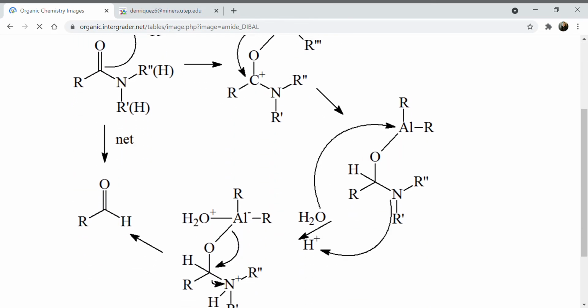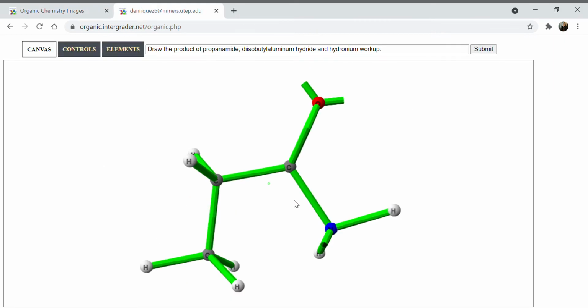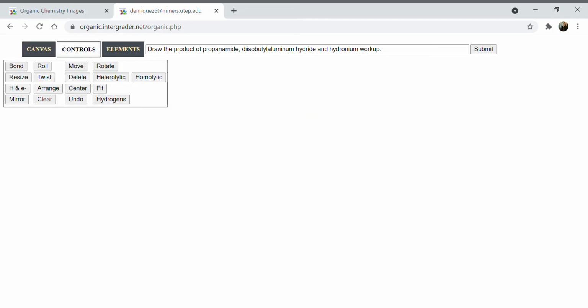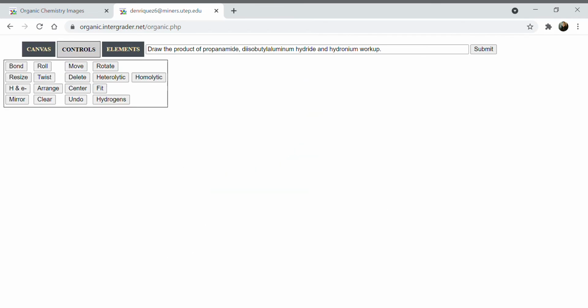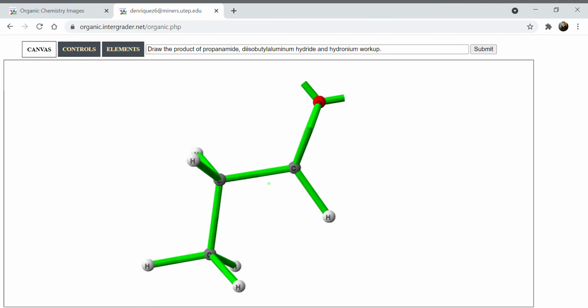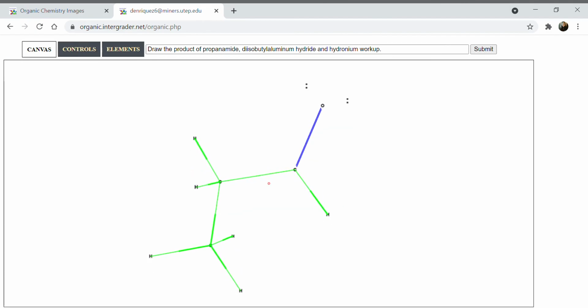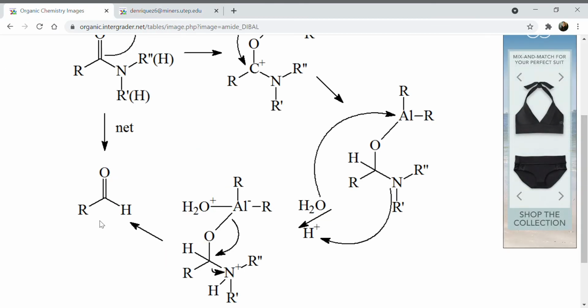They all give you double bonded oxygen, an R group, and a hydrogen. So all I really have to do is delete this group. Oh, I should have left one of those. Okay. Let me bond that. Hit arrange. And that's all I did, was replace the nitrogen with the hydrogen, as we can see here from the chart.